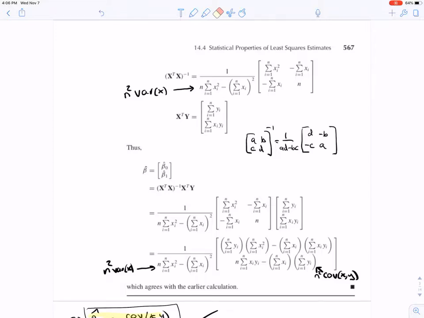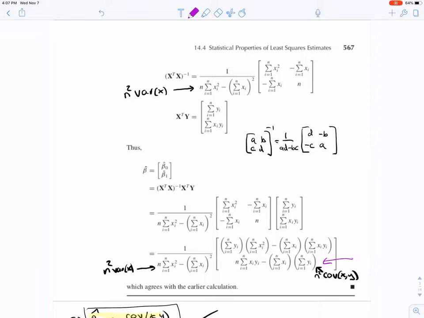So you can see, first of all, that the determinant is basically n squared times the variance of x. And furthermore, you can see that the bottom term right here is n squared times the covariance of x and y.